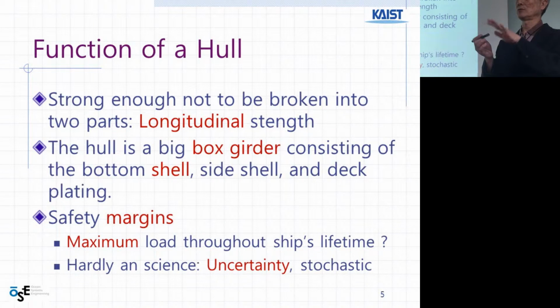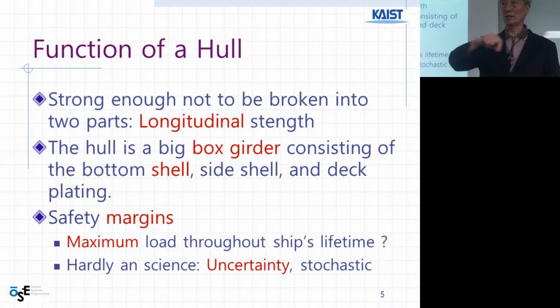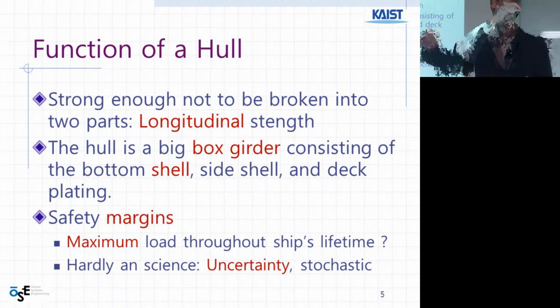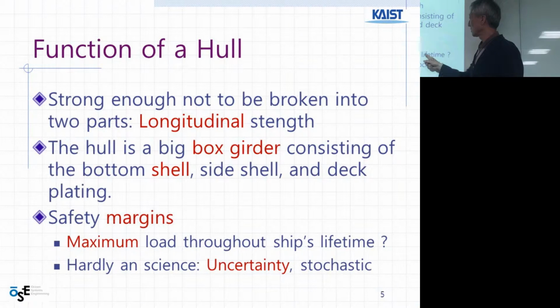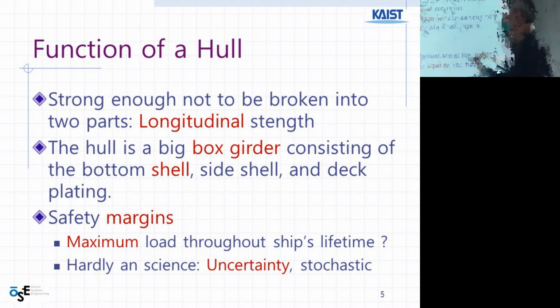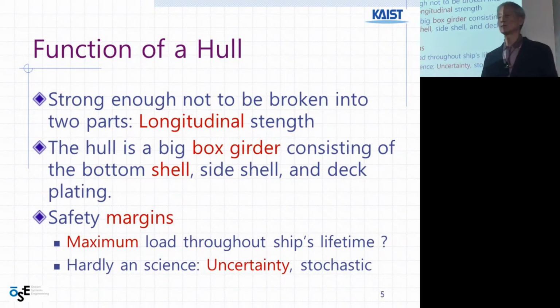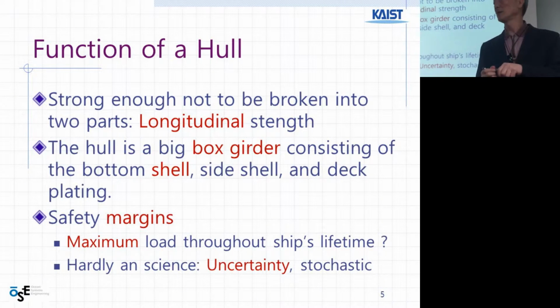You can calculate from a database of conditions along the ship route and seasonal fluctuation. For a lifetime of 10 or 20 years, under the maximum load, the ship should stay safe.